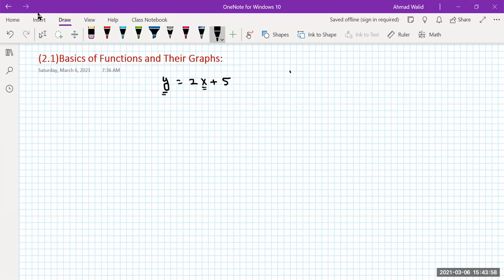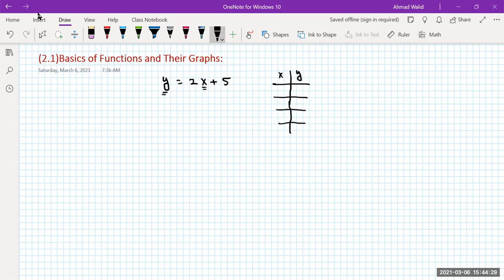Now, to graph this equation, the easiest way is to make a table of x and y and choose a few values for x, plug the values of x into our equation, and find values for y. Let's do this again here.